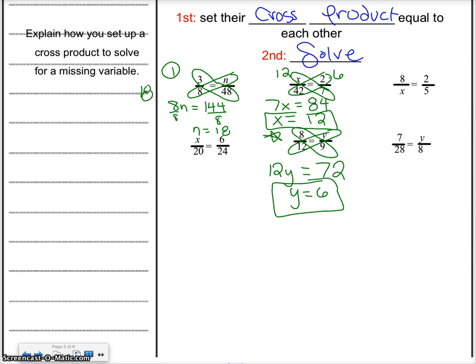And hey, look, can you do this one mentally? Do you know what to times 8 by to get to 28? I don't know what to times it by, but I know my cross product will give me the right answer. So I'm going to go 28 times y, or 28y, equals 8 times 7, 56. y is 56 divided by 28, 2. Who would have known?